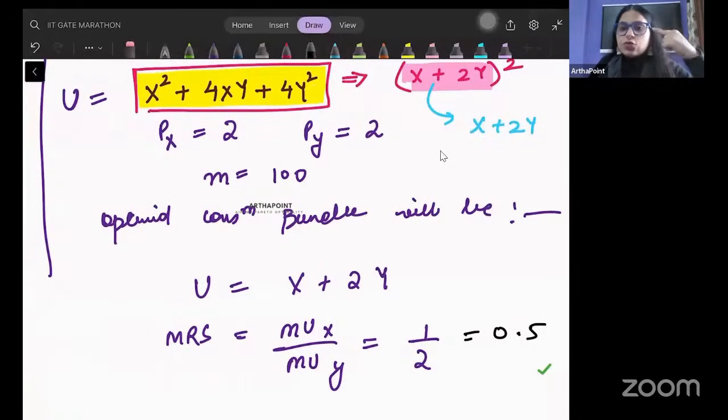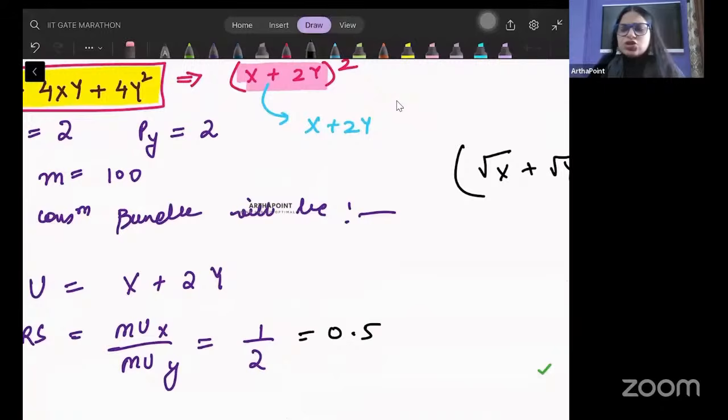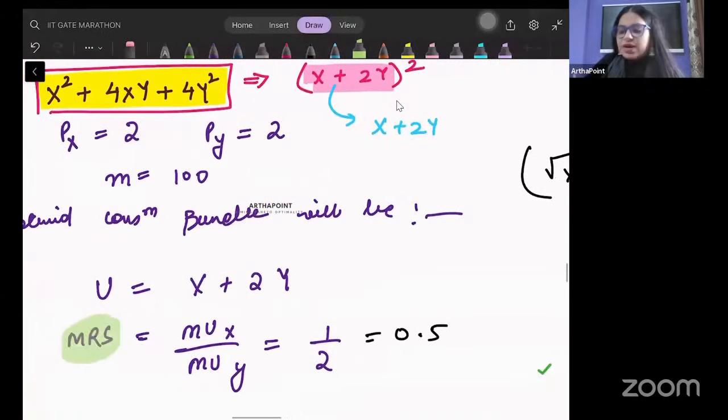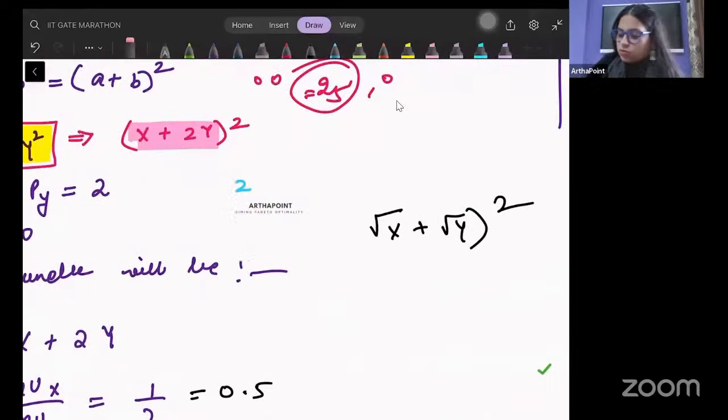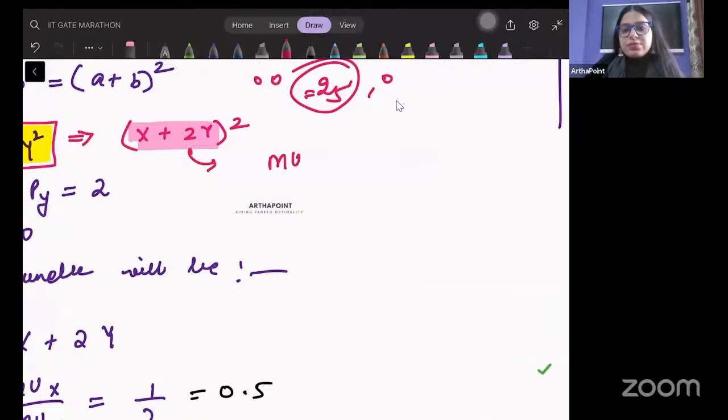It's just that you have to use your mind at that point: does this resemble something or not? We will just neglect the square because square will not change my MRS, na? And all I am concerned about is MRS. मतलब even if you find the MRS of this, देख लो एक बारी, so what will be MUX?